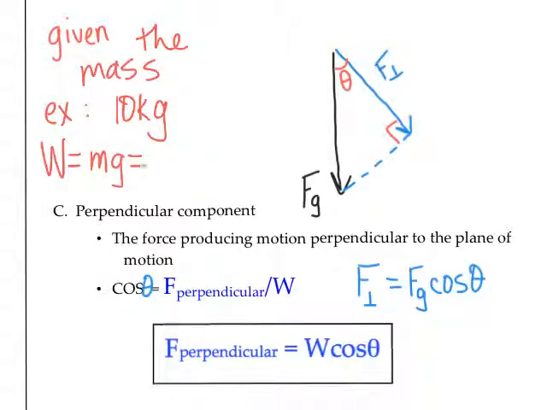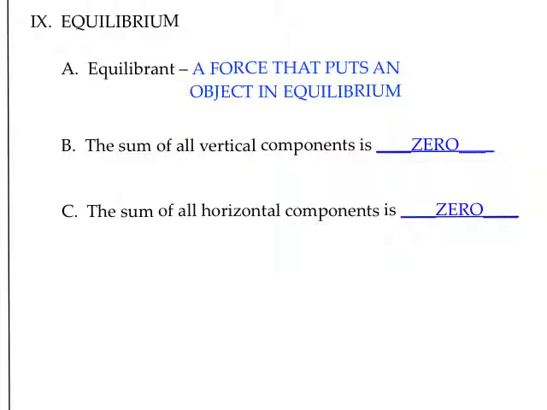Once you get that value, then you can substitute into our parallel and perpendicular component formulas to find those components to the weight. So remember, if you're given mass instead of weight, you'll need to find the weight first before finding F parallel and F perpendicular.